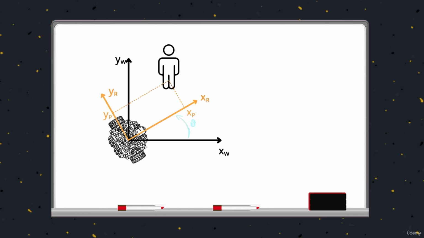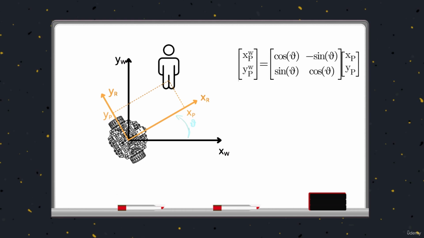And so by knowing the coordinates of the point P in the robot reference frame, the one that we called R, and so by knowing the coordinates xp and yp, and also by knowing the displacement angle theta among the two frames, we can find the coordinates of the point P in the world reference frame by using the equation we just derived, which relates the coordinates in the two reference frames by using a rotation matrix.